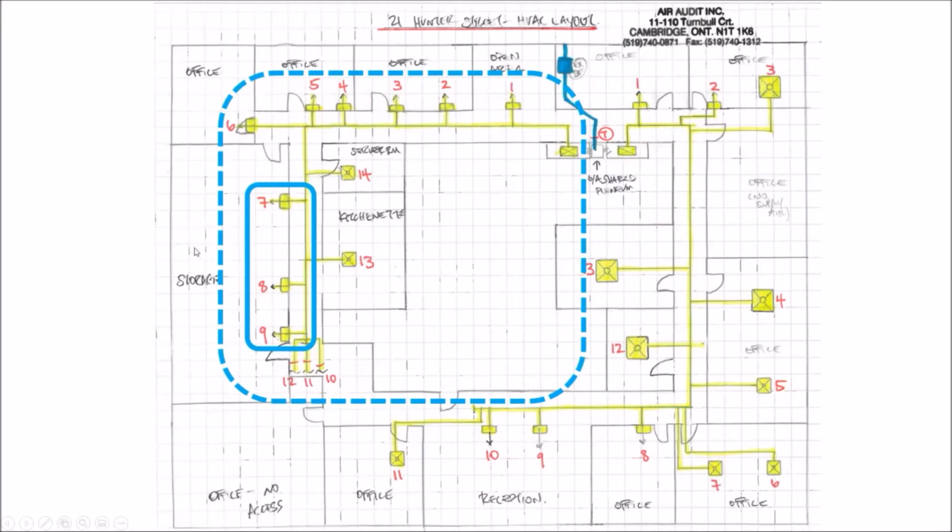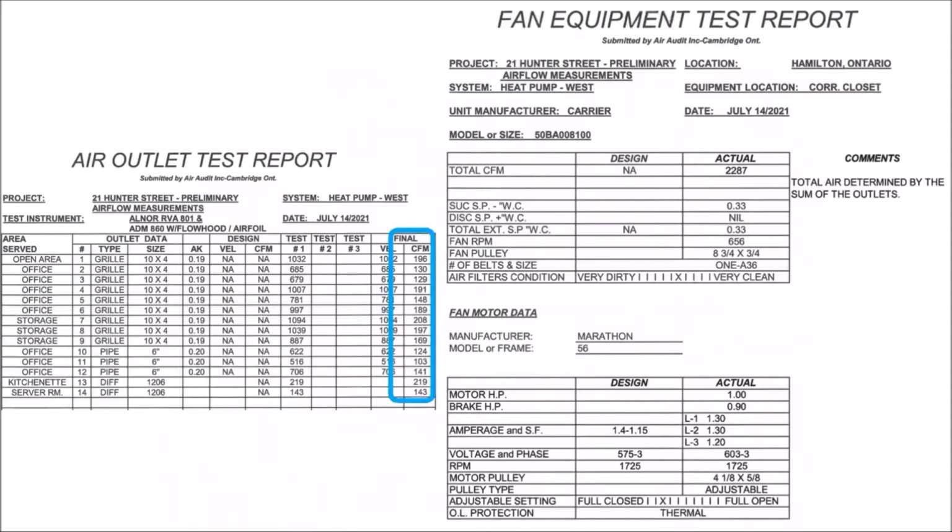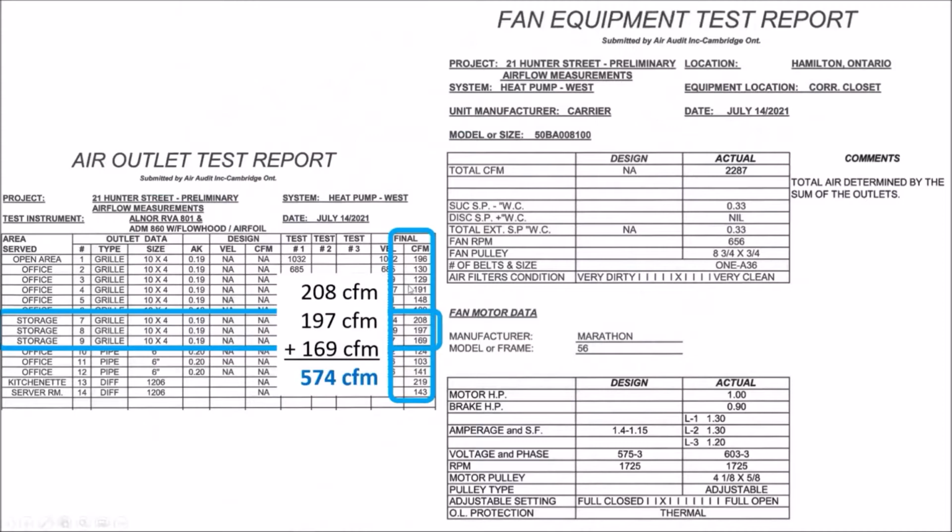And so from the report, we can figure out how many CFM are coming into the room by adding 7, 8, and 9. And here's the report, and here are the CFM. And here are the 3 numbers that go into this storage/training room. So we get 574 CFM coming into there.